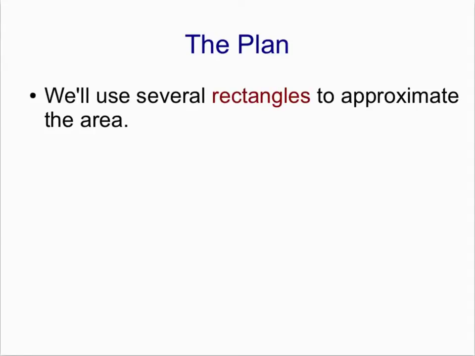So our plan for figuring out the area of region R goes something like this. We're going to start by adding several rectangles to our picture, and we're going to approximate the area.